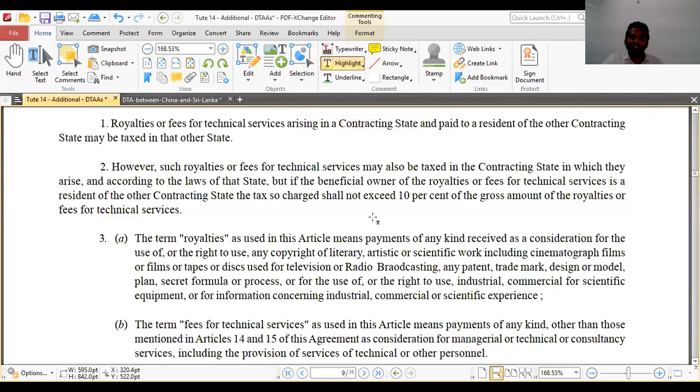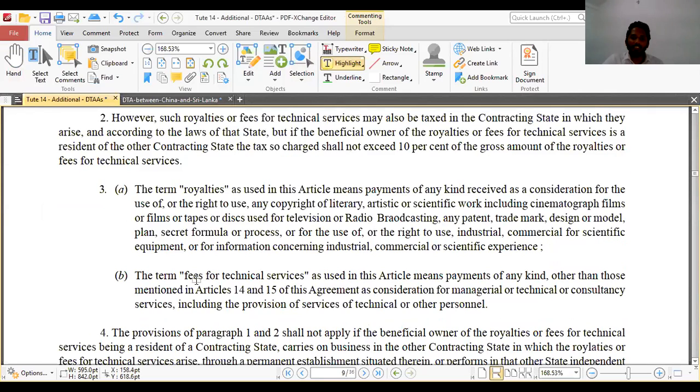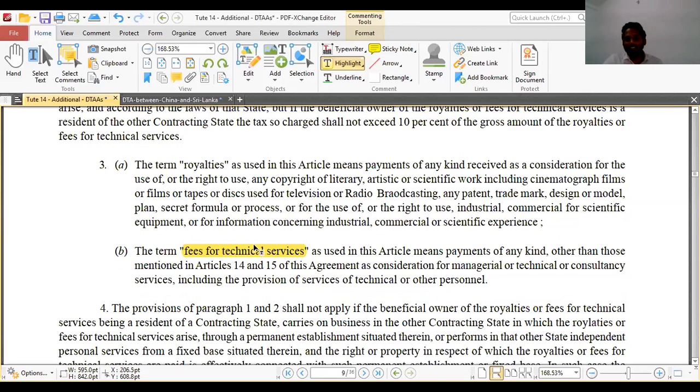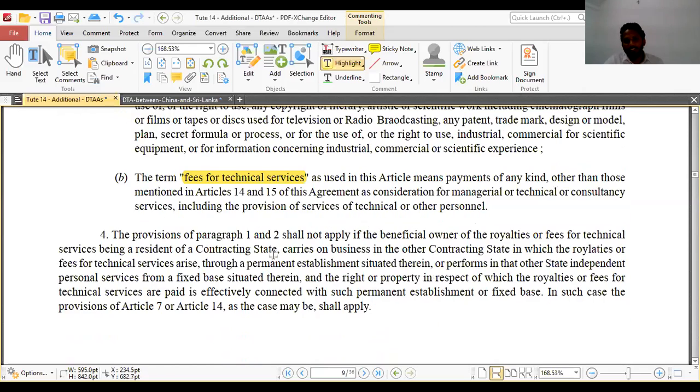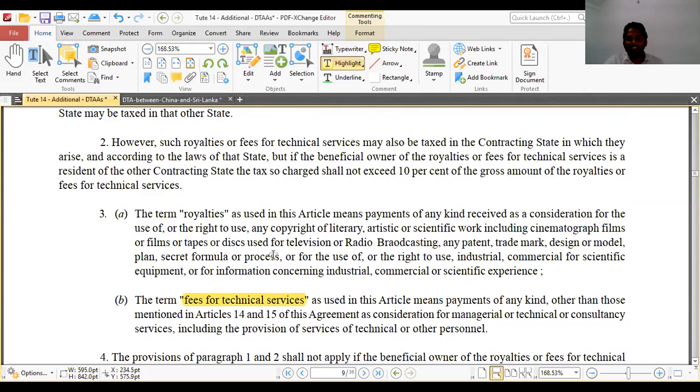In the case of fees for technical service, the applicable rate shall not exceed 10%.